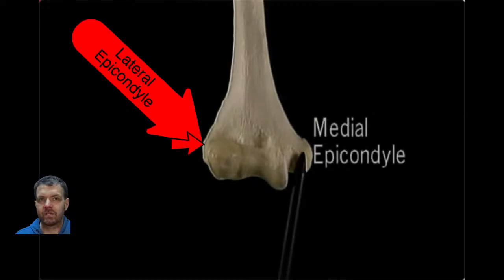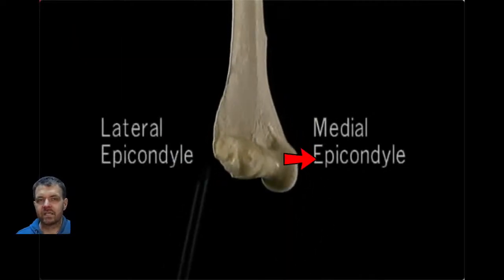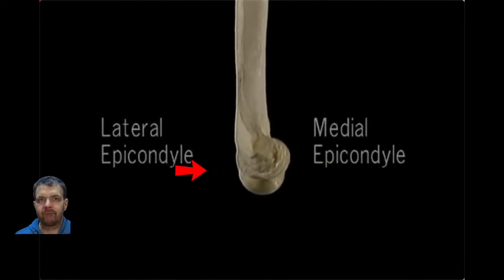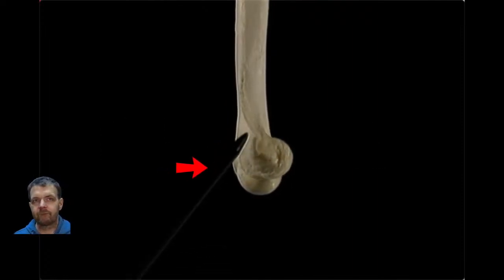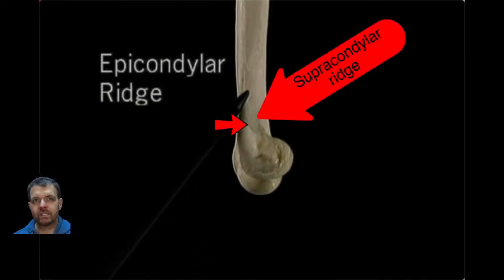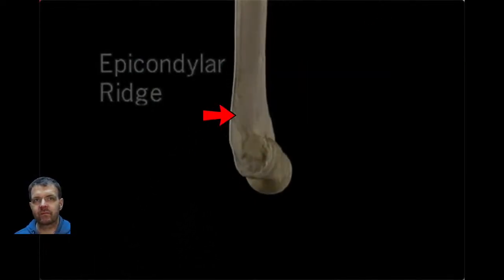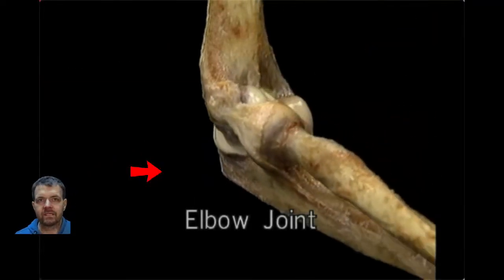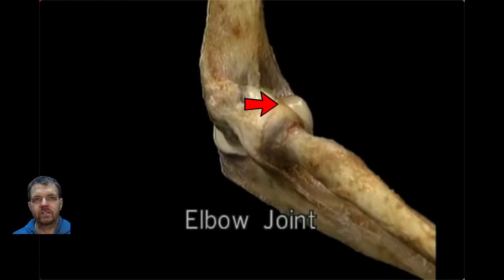Lateral epicondyle just there, medial epicondyle just there. There's the lateral. There's your supracondylar ridge. And this is when there's a bit of soft tissue on there. So this bit here, there's the radial head.